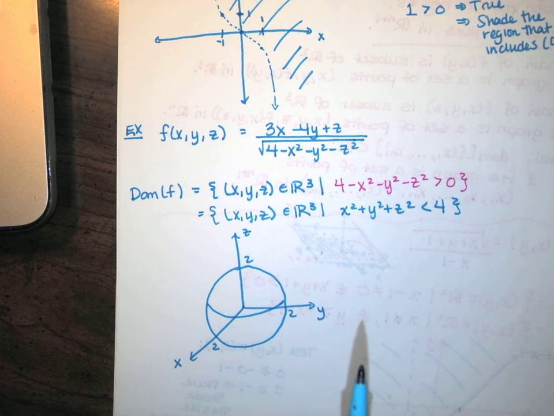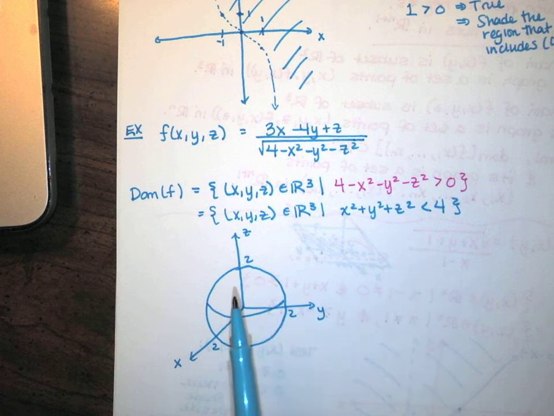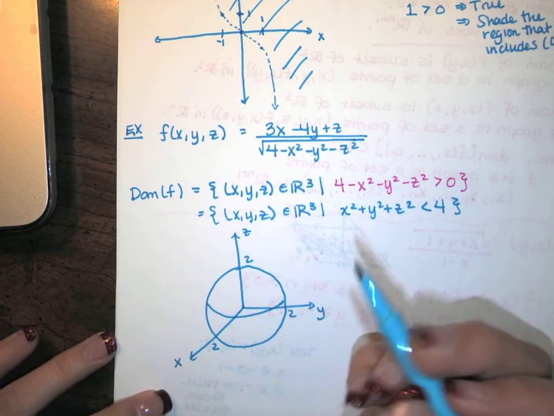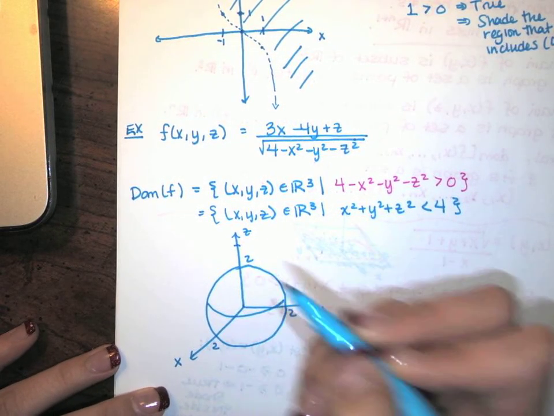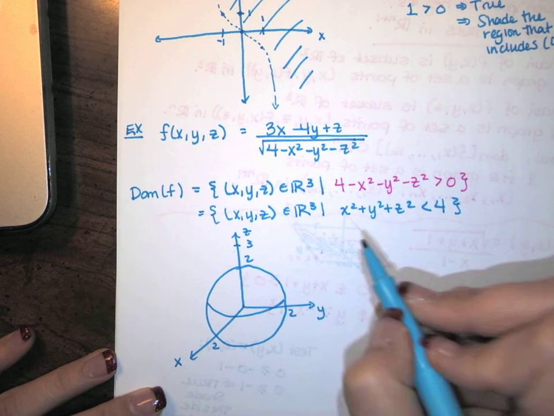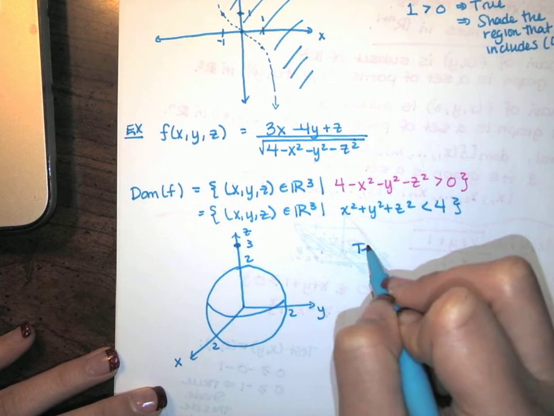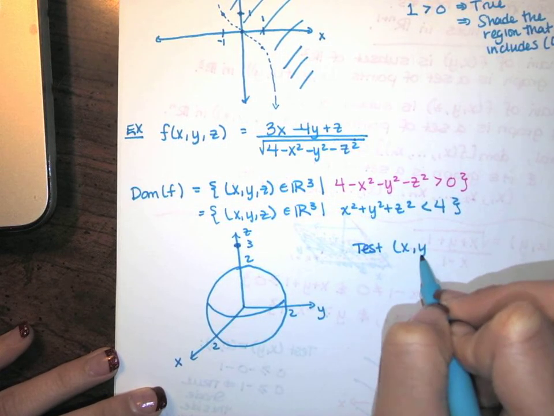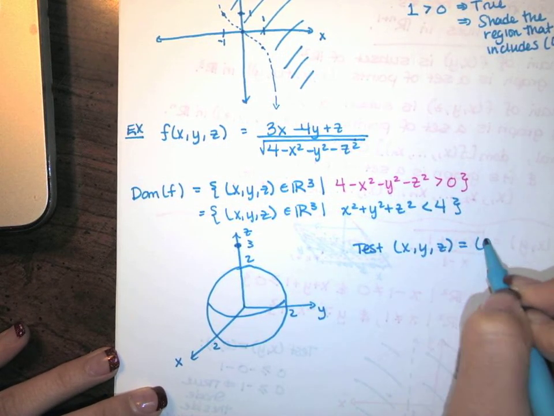You could test a point that's outside the sphere and see if that would work. I'm pretty sure it's inside the sphere this time, but even though I know that, let's just test one that gives you the wrong answer, that tells you to shade the other region. So here's a point that's outside the sphere. So let's test xyz equals 0, 0, 3.